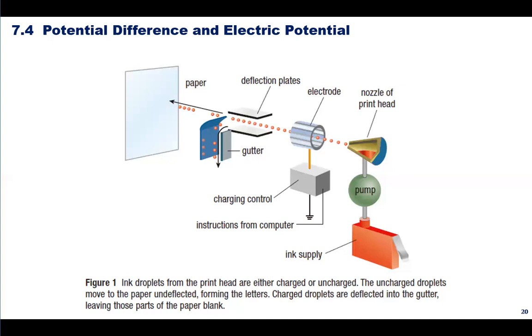Devices such as particle accelerators, which can accelerate particles to speeds near the speed of light, can only work if the particles are moving in the first place. Electric fields cause initial motion of these particles by accelerating them. Particle acceleration is important in some everyday devices as well. Inkjet printers accelerate charged ink particles towards specific parts of the paper, which is shown here in figure 1.